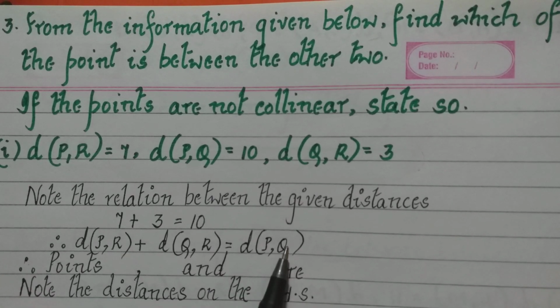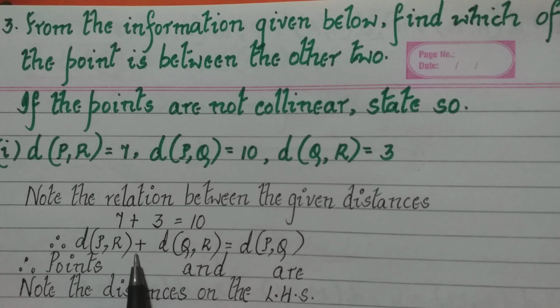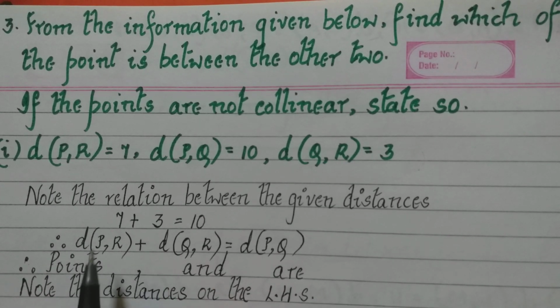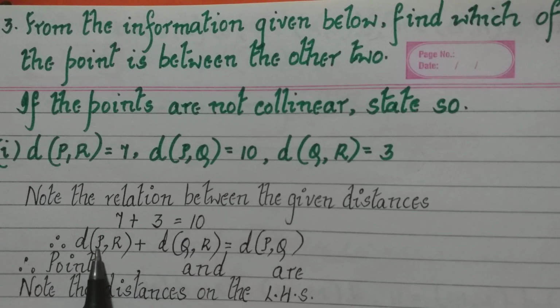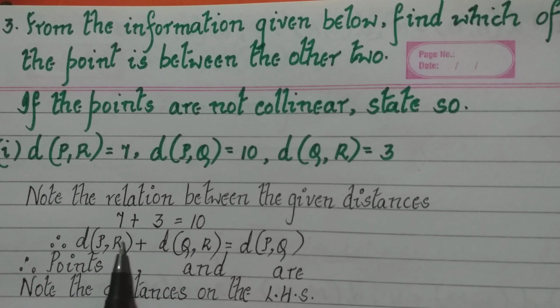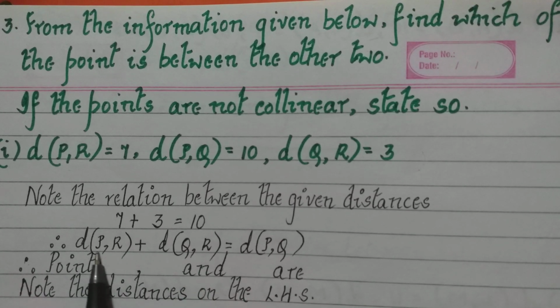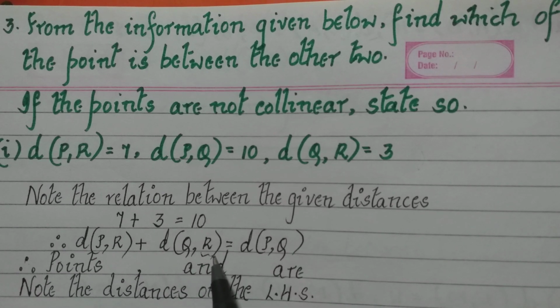Now once I get this, just now we said that we can easily say which point is between the other two. How do we say? We take the side where the two distances are added, look at the distances, and see which alphabet is repeated. We see in these two, R is the alphabet which is repeated.